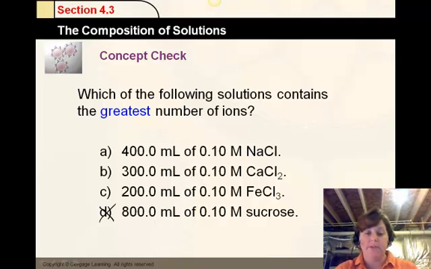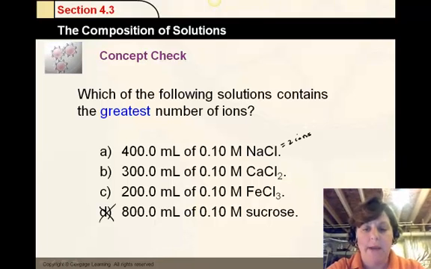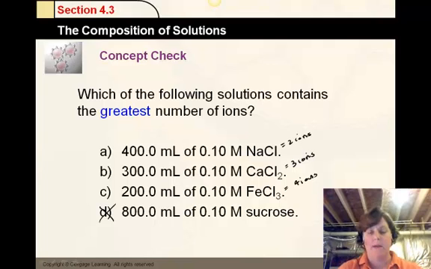The molarities are all the same, it's only the volumes that are different. So unfortunately, we do have to do a tiny bit of math here. You will notice sodium chloride has 2 ions, the sodium and the chloride. Calcium chloride has 3 ions, and iron chloride has 4 ions. Right, so they're different by number of ions, but they also happen to be different in terms of volume.